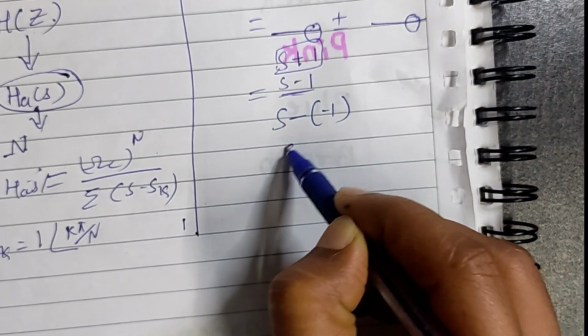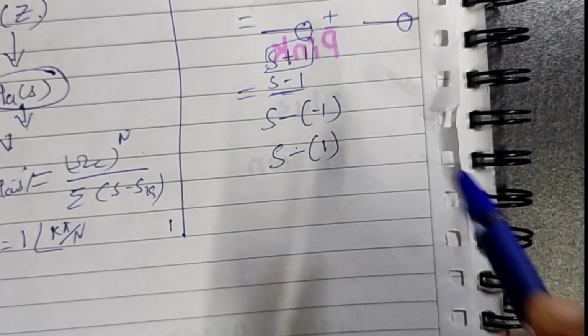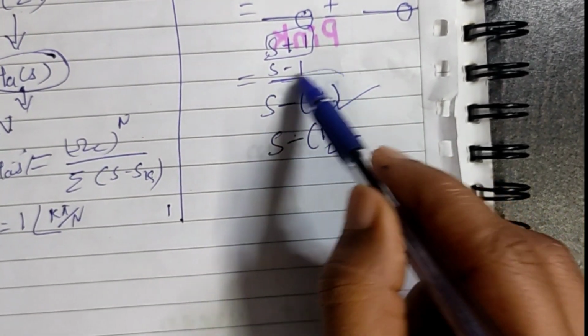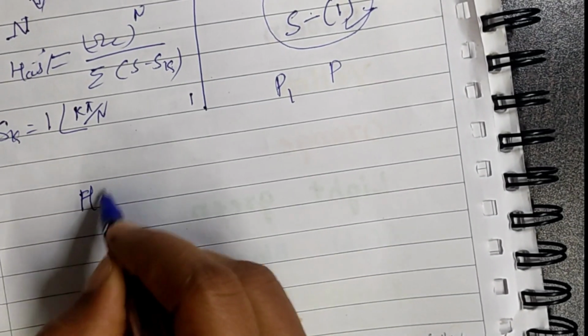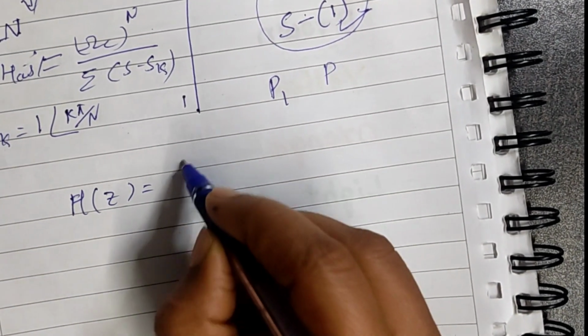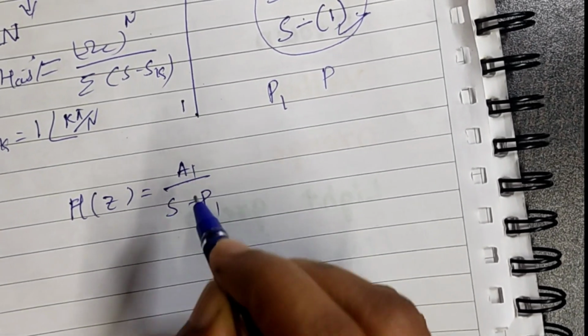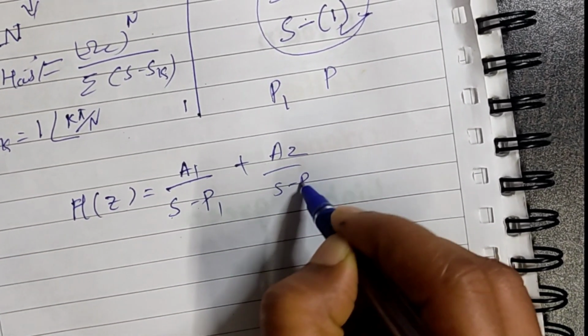If it is s minus 1, we make it s minus of plus 1. So here the pole is minus 1, here the pole is plus 1. In this way we have to express. We have to identify P1, P2, P3, and then we have a formula: ha of s is equal to a1 divided by s minus P1 plus a2 divided by s minus P2 and so on.